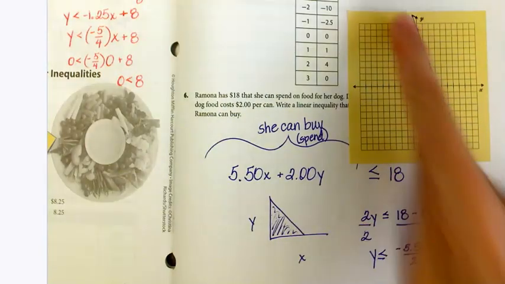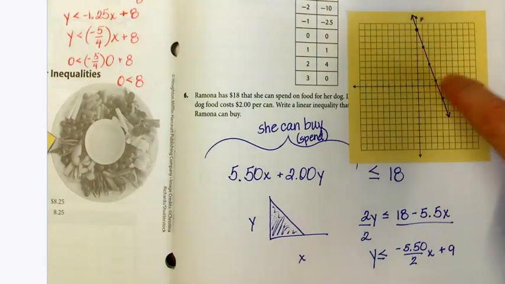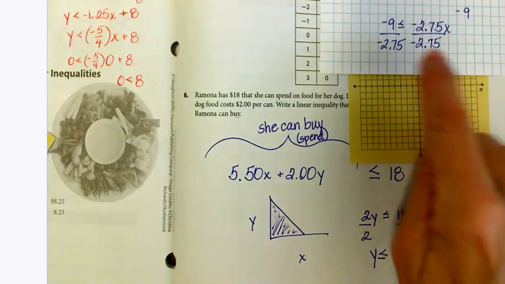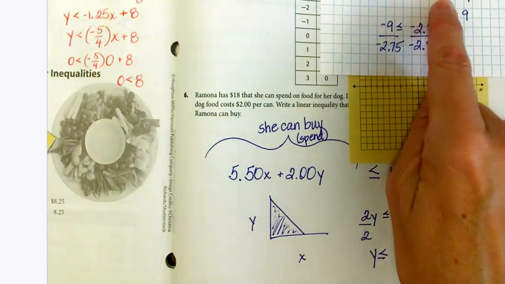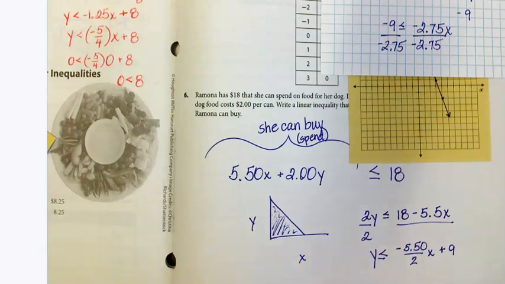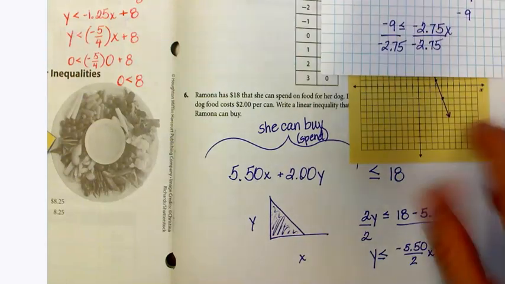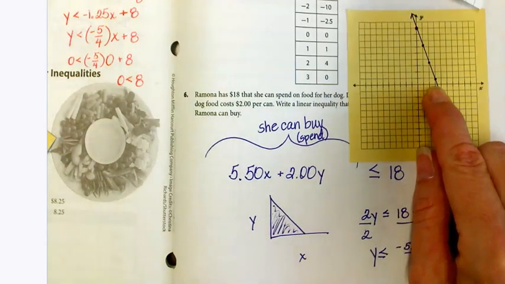All right, so I've drawn my line going down, and then I also, just to check, I put 0 in for Y to get my x-intercept, did a little math, and I get like 3.27 for my x-intercept, and that definitely looks like about 3.27 is where it's crossing.